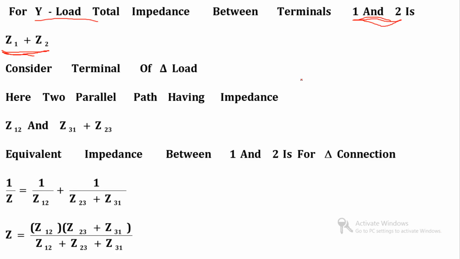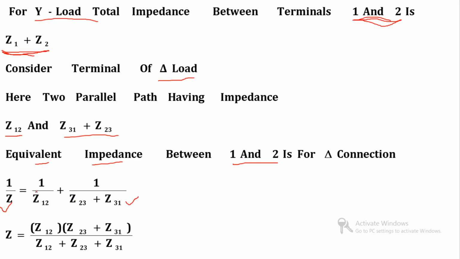So their equivalent impedance between terminals 1 and 2 is 1 by Z equal to 1 upon Z12 plus 1 upon Z23 plus Z31.